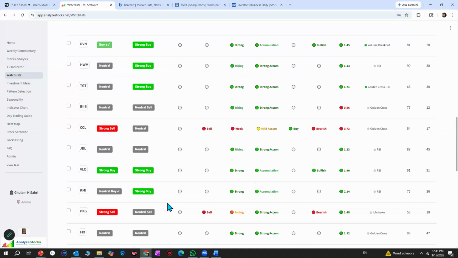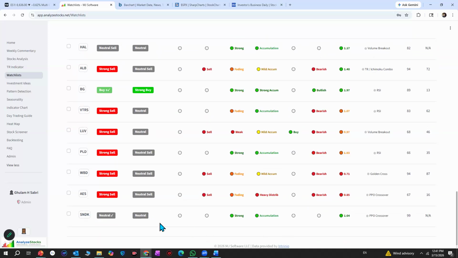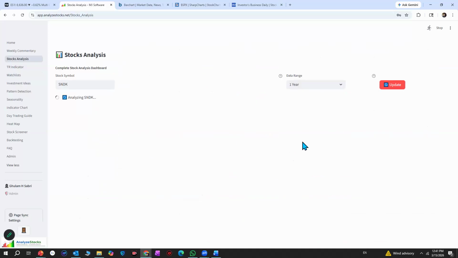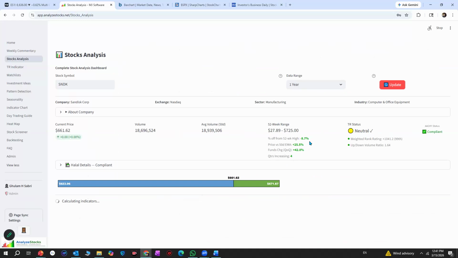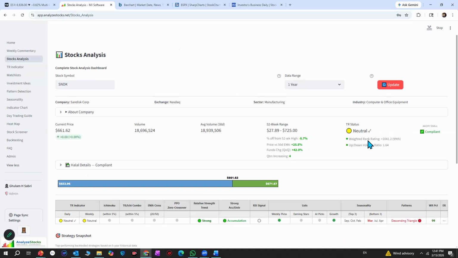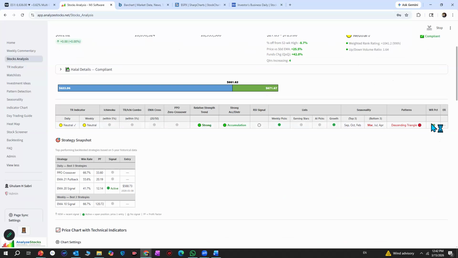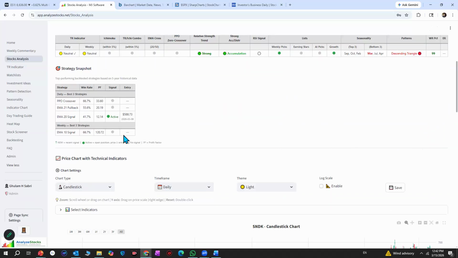Why? Because when you're trying to break out a stock which has already moved, let's go to this SNDK, SanDisk. It has beaten 99% of stocks, and its EMA 20 signal is active.